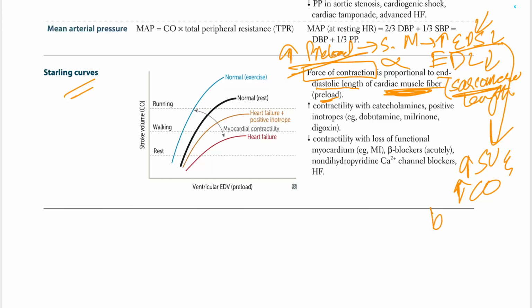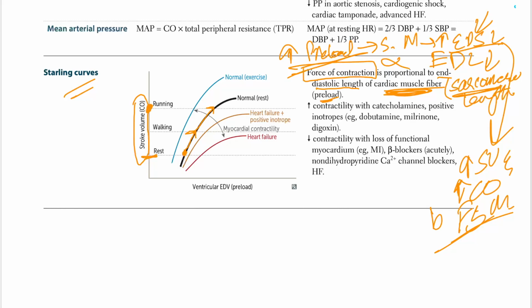by this Frank-Starling mechanism. So if you look here, the same thing. Let's just look at here. So you're at rest. Your stroke volume and the cardiac output right here is at this level. But as soon as you increase the preload a little bit by walking or a lot more by running, you have increased your stroke volume and increased cardiac output.